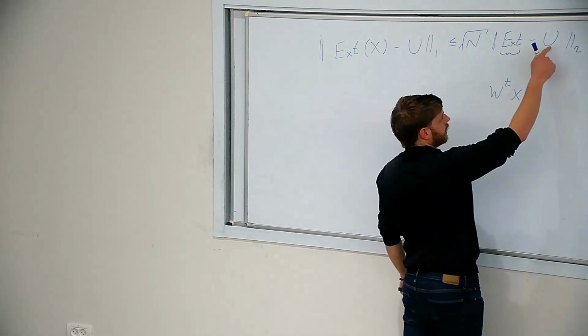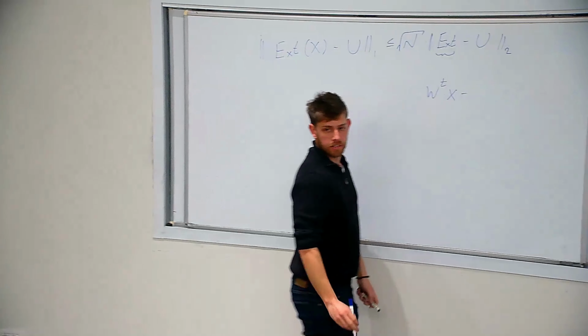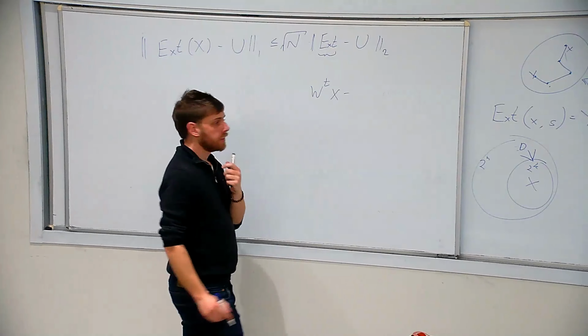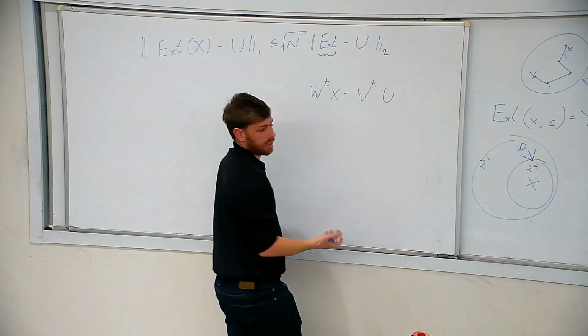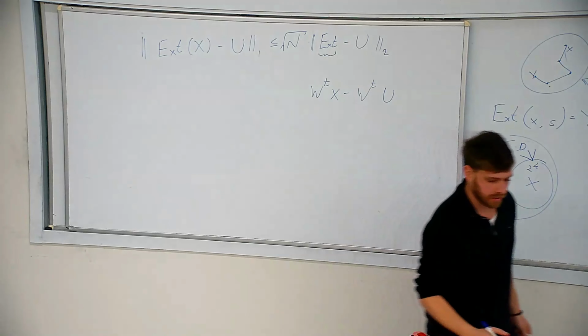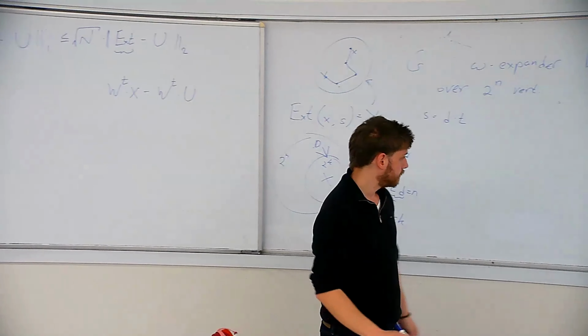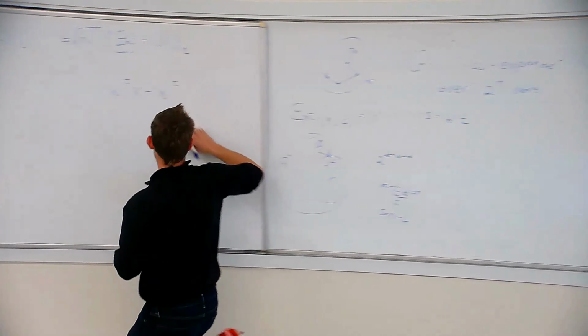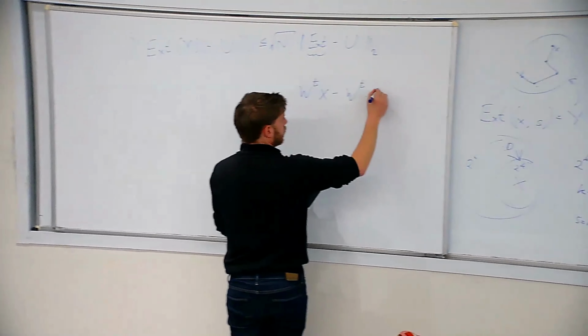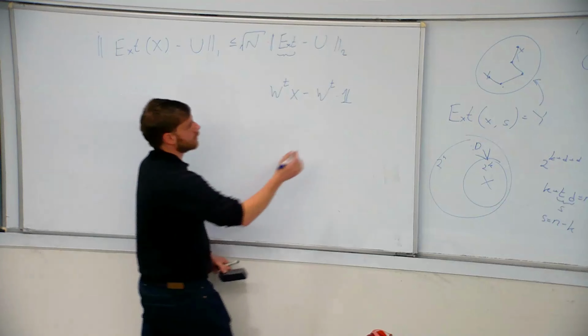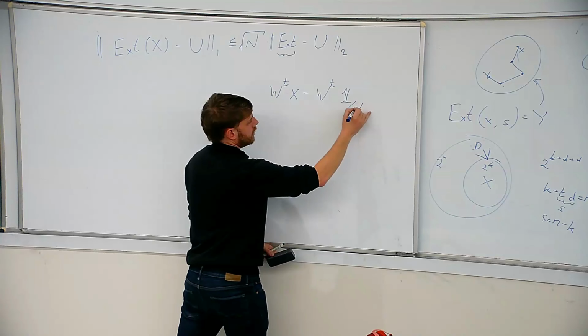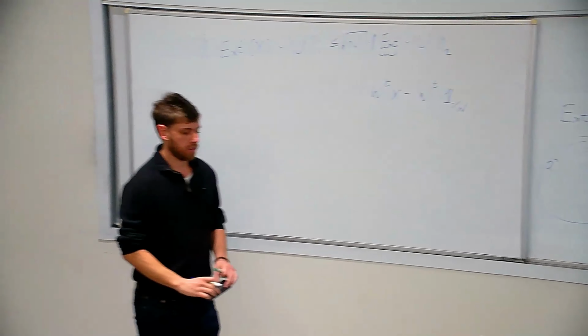And how can I write this one? You can also do W to the T times U, the all ones vector. And let's keep everything normalized, so we have 1 over n.